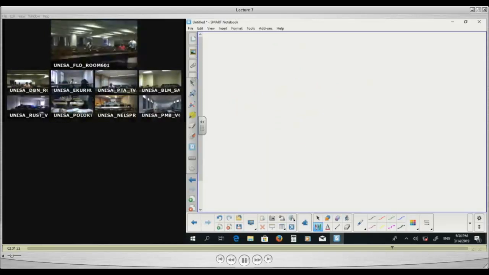Wait. Here is one vector in R2. This is my origin. And here is another vector in R2. Since you have two vectors in R2 which are not collinear, they are independent.